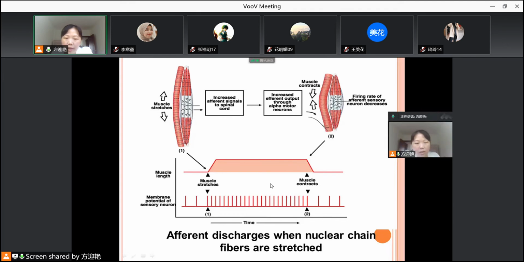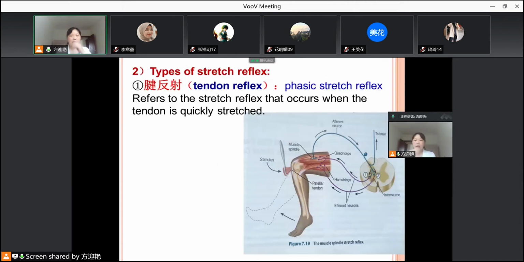We have studied in chapter 2 that the action potential is produced, and through excitation-contraction coupling, the skeletal muscle contracts.